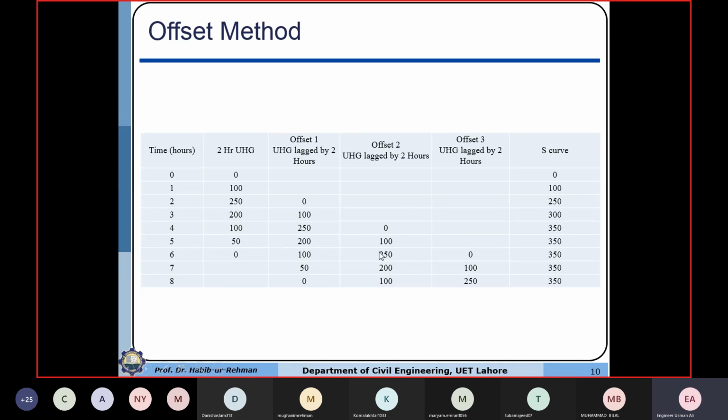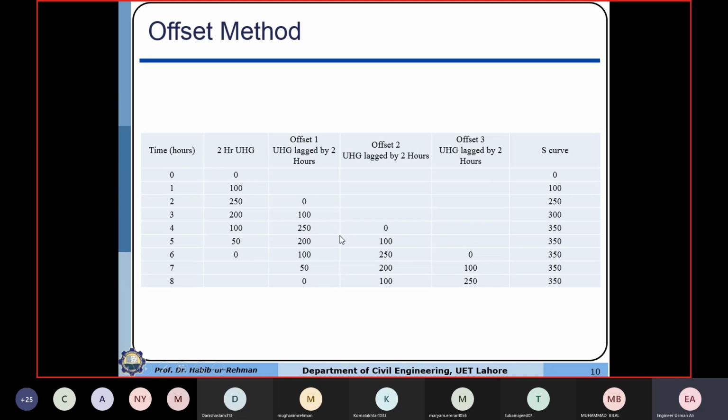Offset 2 is another unit hydrograph which is lagged by 2 hours from offset 1, or 4 hours from the first unit hydrograph. Offset 3 is the 2 hour unit hydrograph lagged by a further 2 hours from offset 2, or 6 hours from the given unit hydrograph. So these are the offsets, and this is how we take the lag.